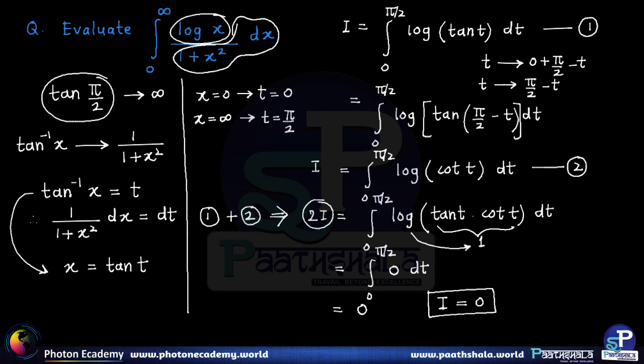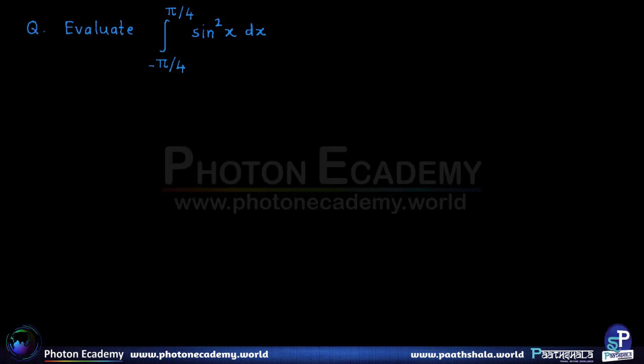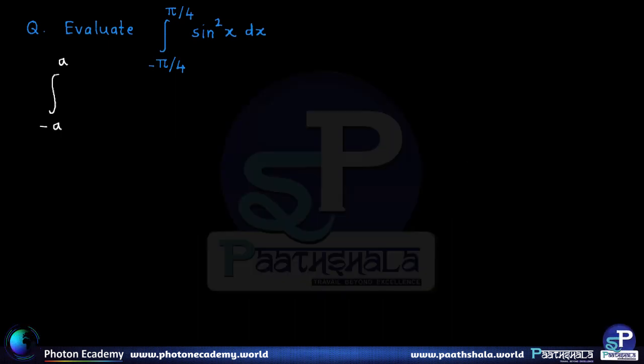Let's see a couple more questions. Now here we have to evaluate the integral of sine square x from minus pi by 4 to pi by 4. If you observe, this gives us a clue that the integral is of the form minus a to a, and the property which comes closest to this question is, if you remember, in this type of integral, we check whether f of x is an even function or odd function, and then it can be simplified using the property.